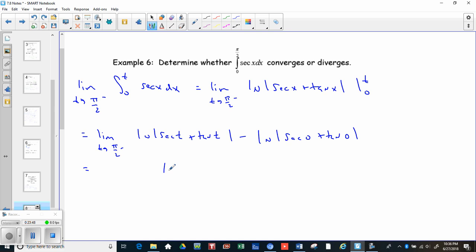So ultimately what we get is the natural log of some kind of absolute value of infinity, which goes to infinity, which means this one is divergent. And this is really knowing your trig values. So hopefully that's something that you guys do understand, and knowing the graphs and how they all look.